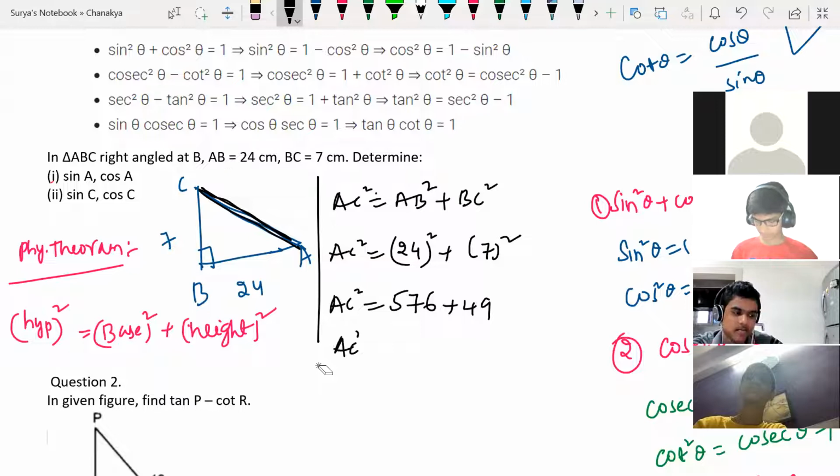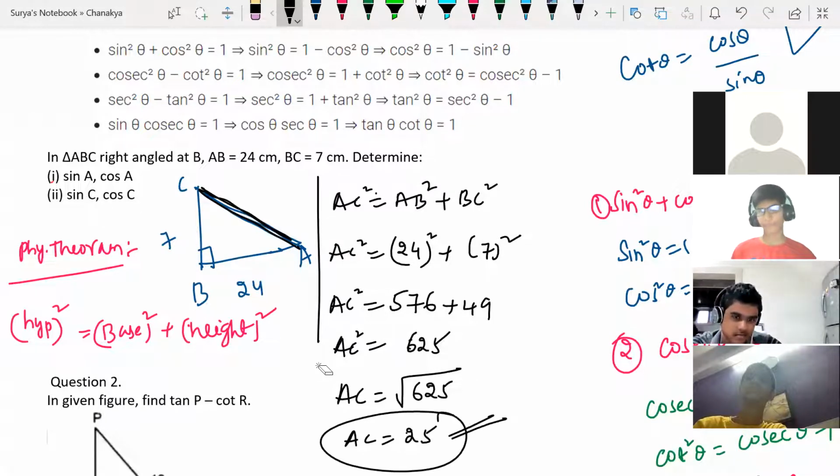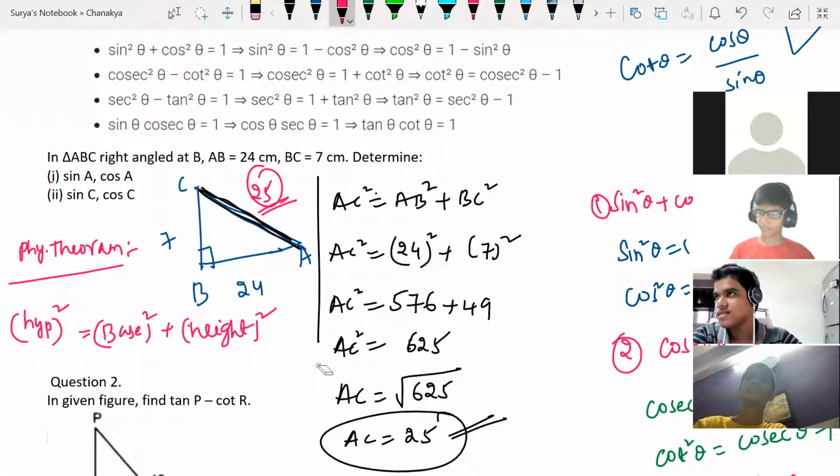So AC square is 576 plus 49, 625. So AC is the square root of 625, which is 25. So AC is 25, that is what he was asking us to find.